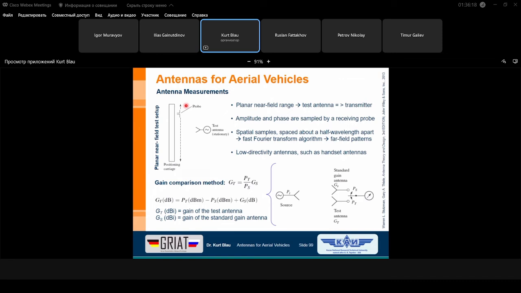and inside this scanner, this probe antenna is moved along the X and also along the Y axis in steps, depending on your resolution.